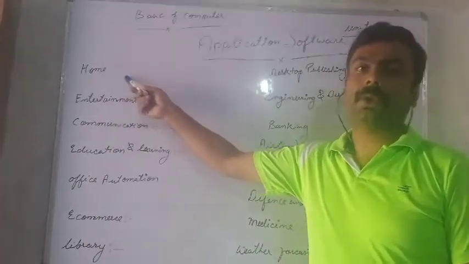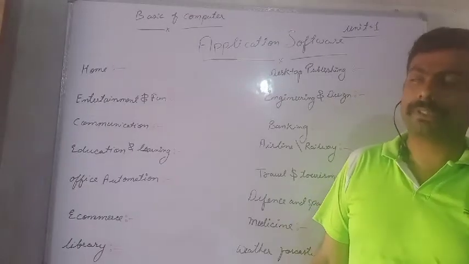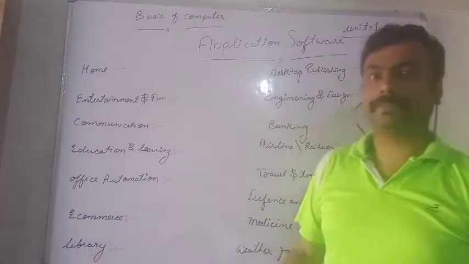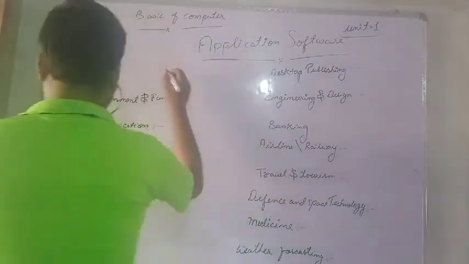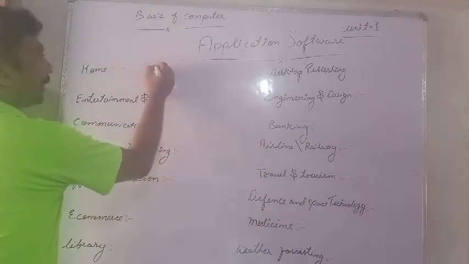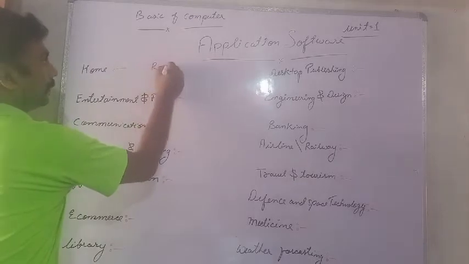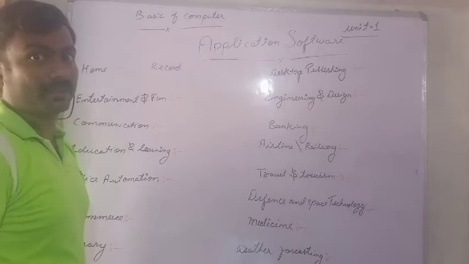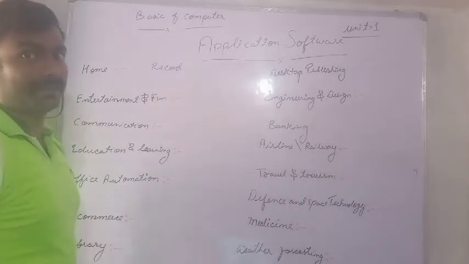Home. At our home, the computer is being used. In which manner is the computer being used? In the home, especially for creating records. We have to create so many records. For that purpose we need an application software to complete our task.